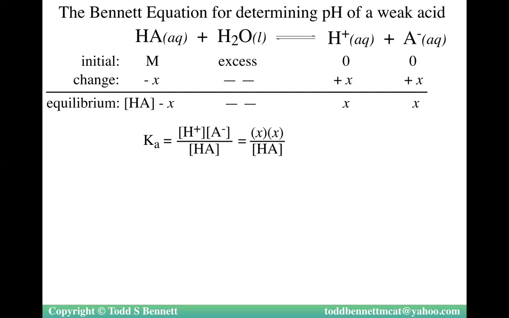So we plug in and we multiply across, that'll be X squared. But note that X is H plus, so I'm going to do a little trickery here. Plugging in H plus for X, it's just H plus squared.